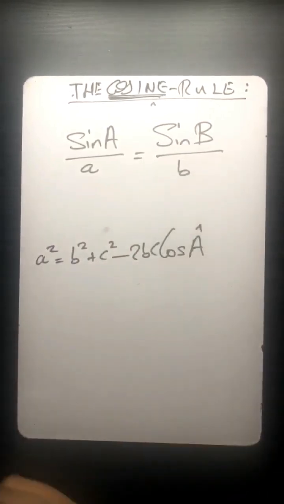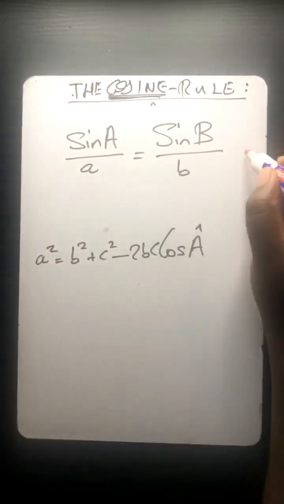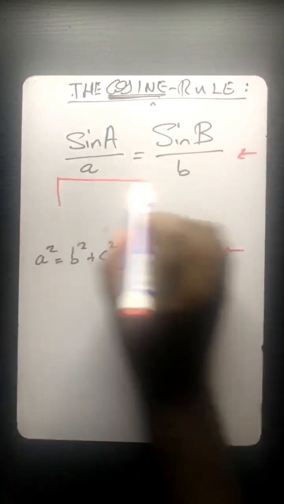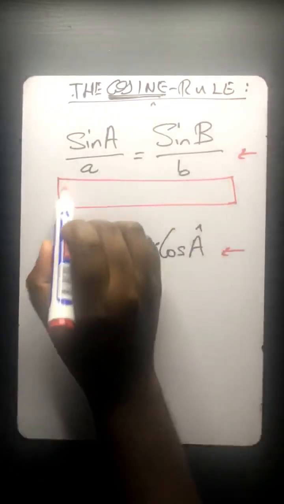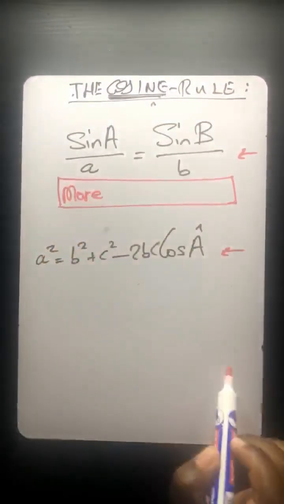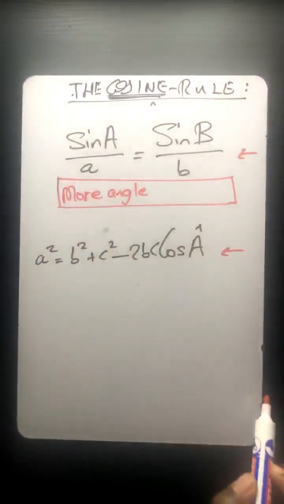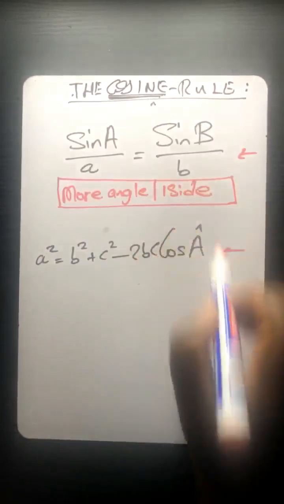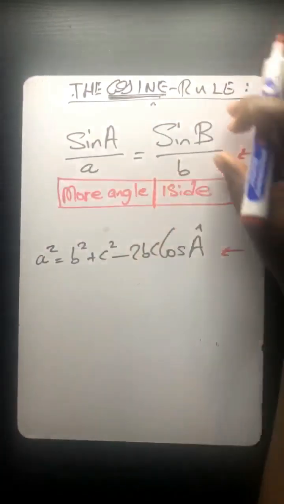Let's compare these two. And we are now going to make a conclusion to say, in which case do you use that? In which case do you use that? Just to keep it quick, this is what I've noticed during my time when I was practicing. I realized that if you are given more angles and you will be given one side, then that's when you use this formula.